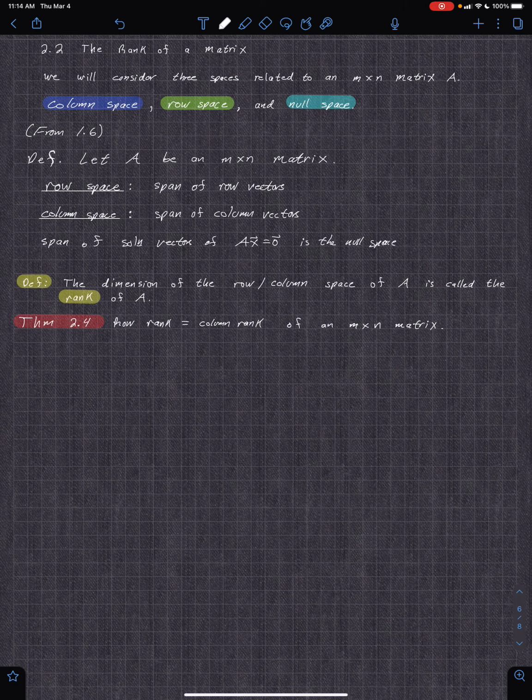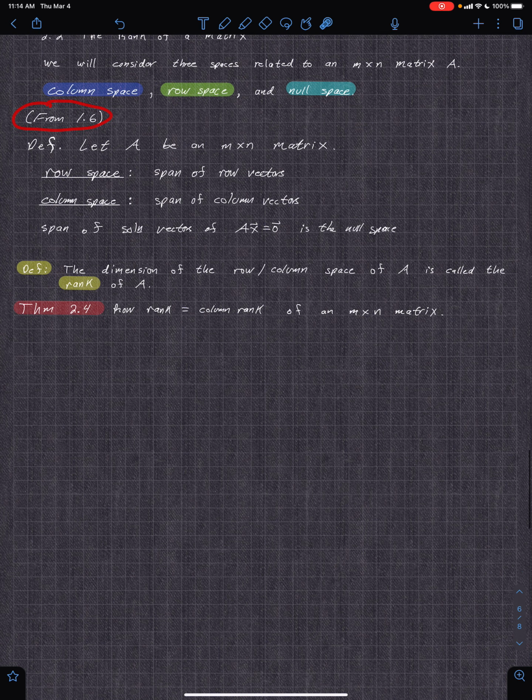2.2 is on what's called the rank of a matrix. Looking at a matrix, we have already defined, but we'll consider three spaces related to an M by N matrix. We're going to look at what's called the column space, row space, and null space, which we defined back in 1.6.